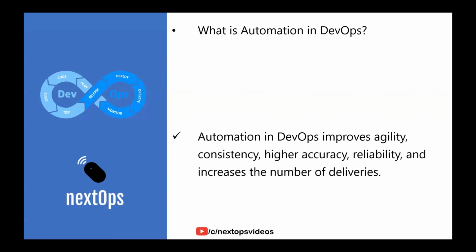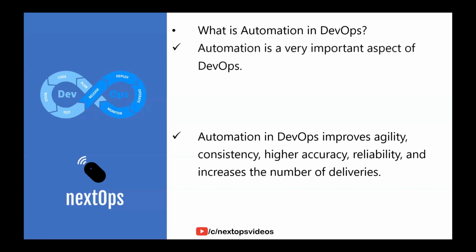So automation in DevOps improves speed of development. Agility means speed of development, and consistency, accuracy, reliability, and increases number of deliveries. Because we are using automation, which means we are using tools. So these tools will help you to speed up the entire effort.